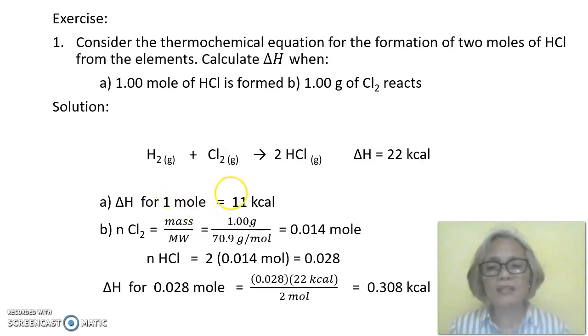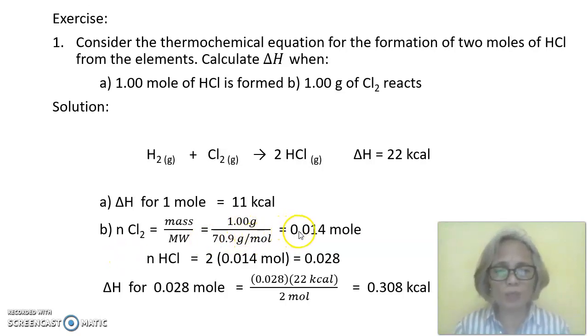The mass is 1 gram, so you divide 1 gram by the molecular weight, 35.45 for chlorine times 2, so 70.9. So 1 divided by this is 0.014. That means 1 gram of chlorine is equivalent to 0.014 mole.